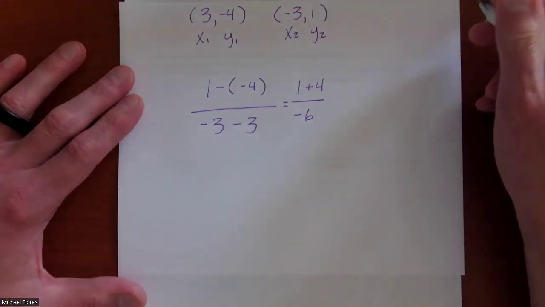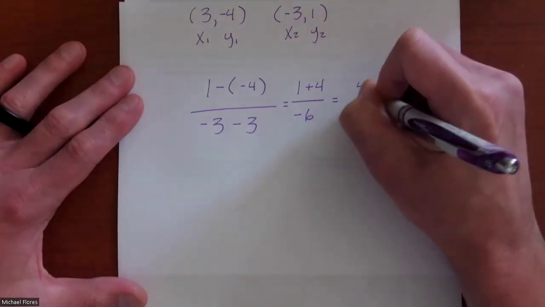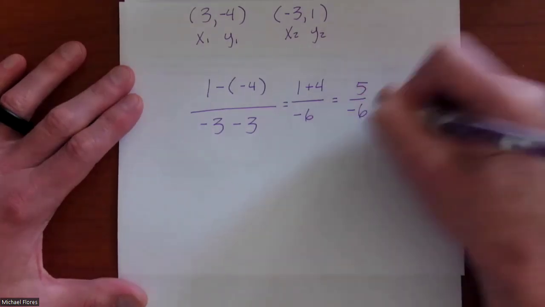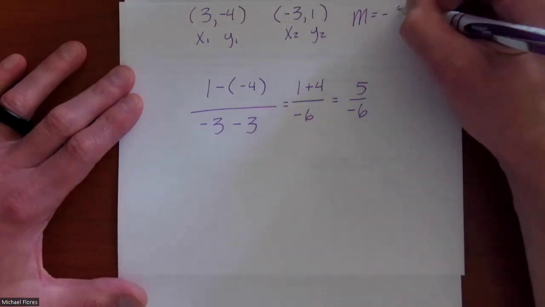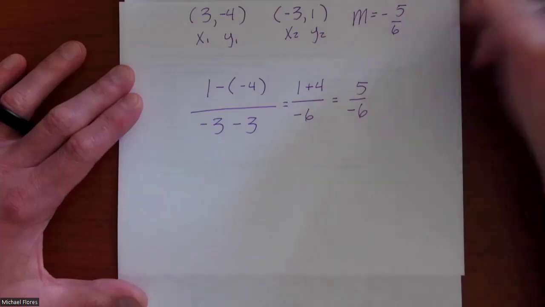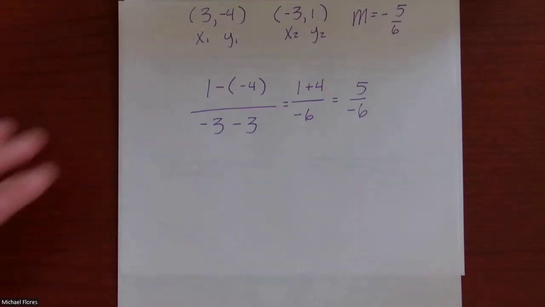Actually simplify the denominator first, but whatever. 1 plus 4 is 5 over negative 6. Okay, so that's our slope, negative 5/6. Okay, what I think I'm going to do next is use point slope from this to ultimately get it to standard form.